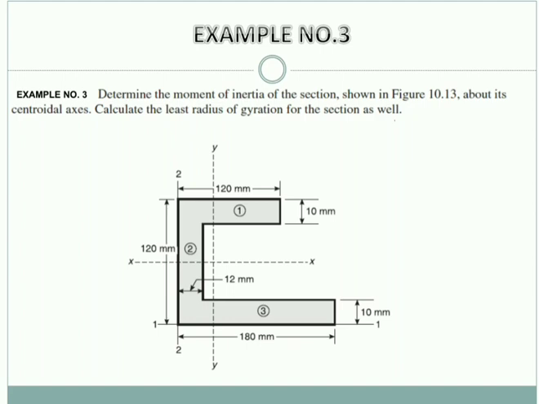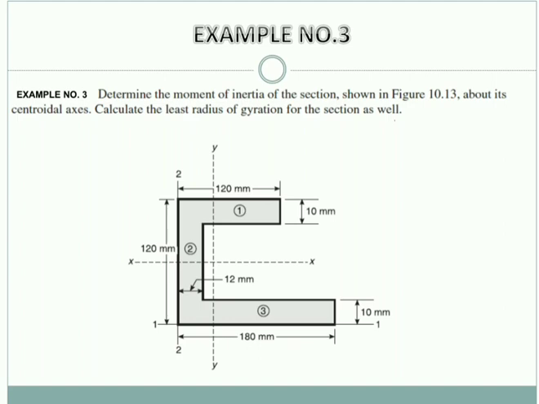Or if the example is asked directly with respect to a given axis, we do not apply the parallel axis theorem and all, and those examples which we will solve further are quite easy. But when you have to find both Ix and Iy, and also obtain x bar and y bar, the example becomes a bit more lengthy.